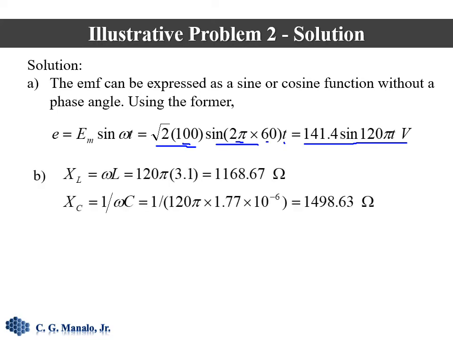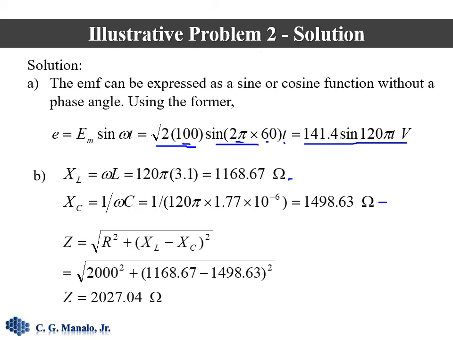Then we compute for the inductive reactance, X sub L, and X sub C. So it's just direct substitution, and we get these values. We could also compute for the impedance, now that we have the inductive and capacitive reactances, so that will give us this value.